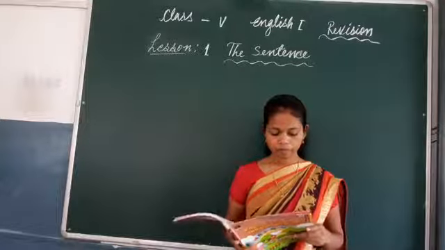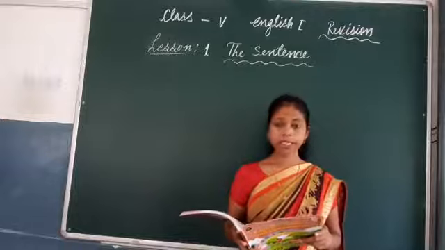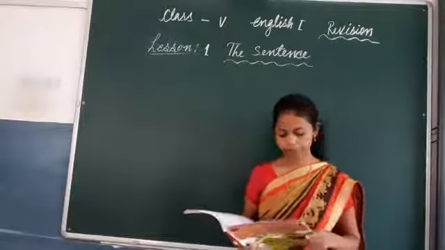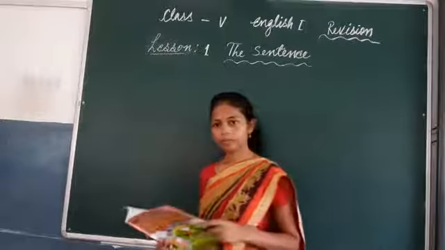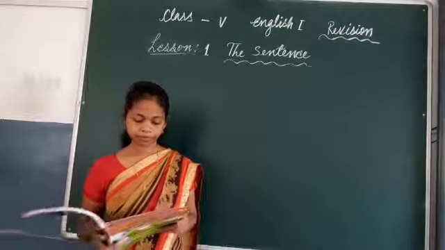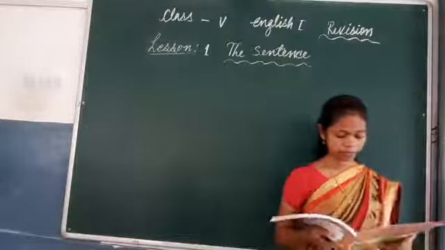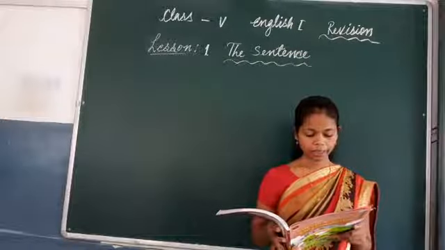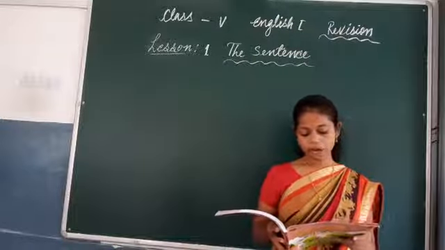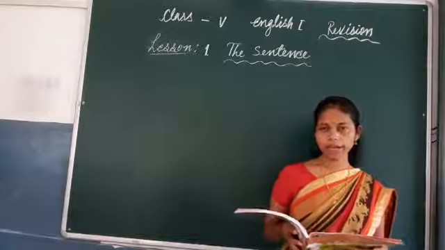First number, the fierce dog is barking. The fierce dog is the subject; is barking, predicate. Okay. Second number, I have passed the examination.